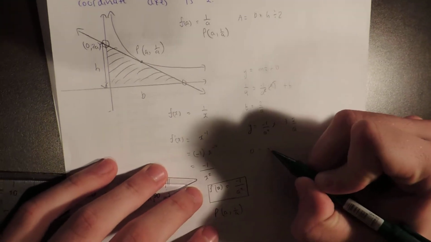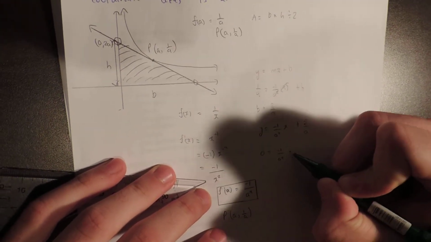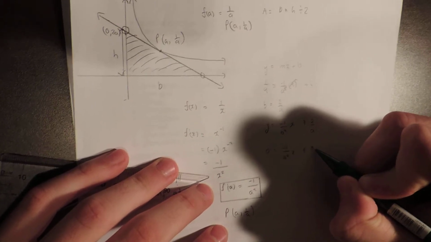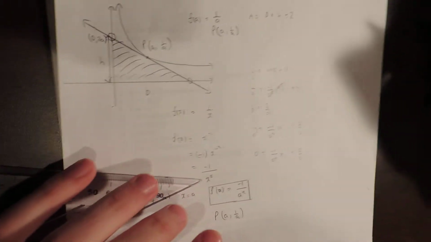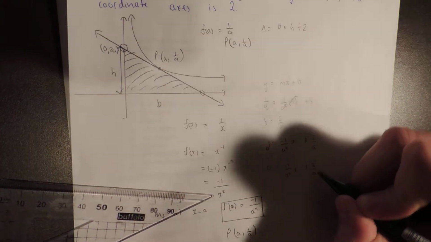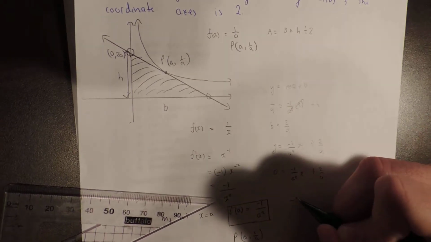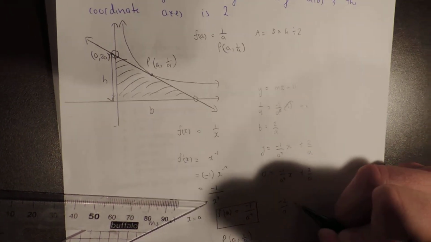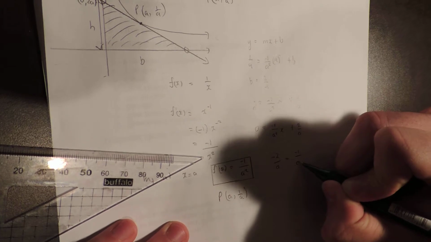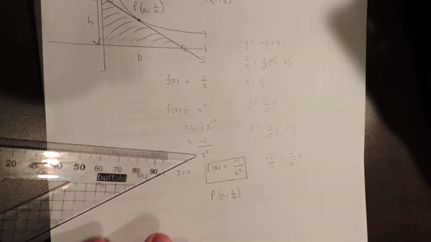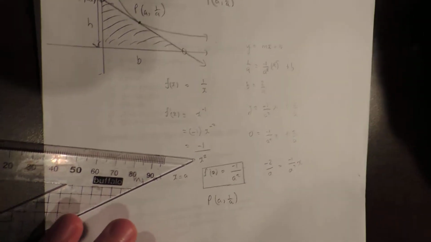So 0 equals negative 1 over a squared x plus 2 over a, and you have to isolate for x. So bring 2 over a to the other side, it becomes negative 2 over a equals negative 1 over a squared x. And now we can just do cross multiplication.